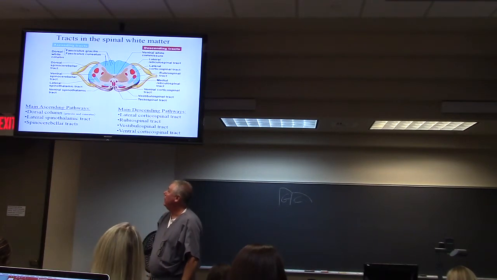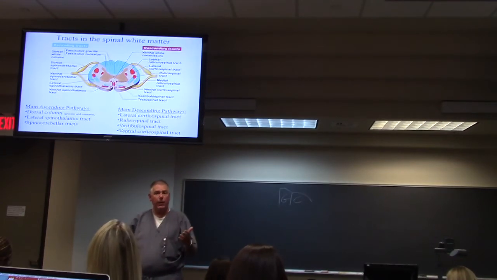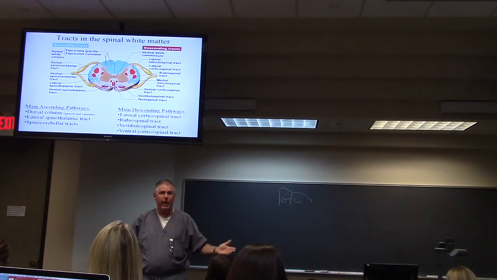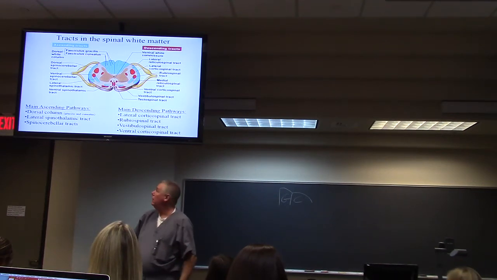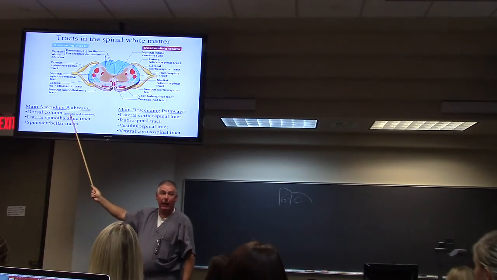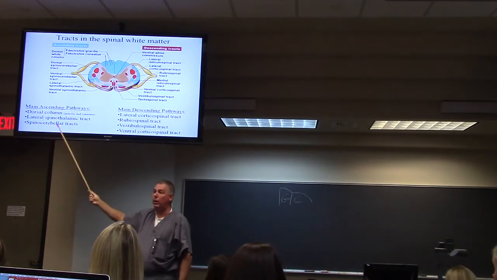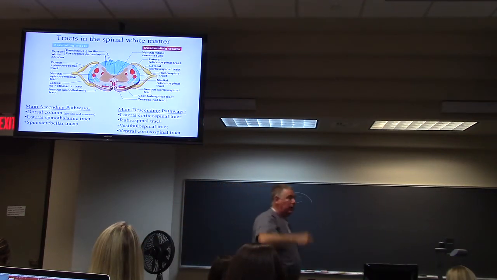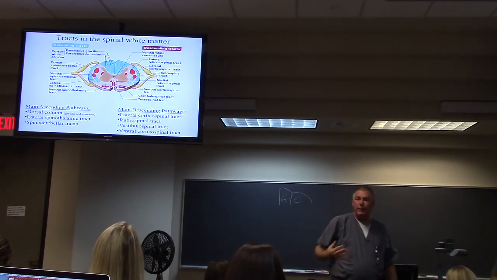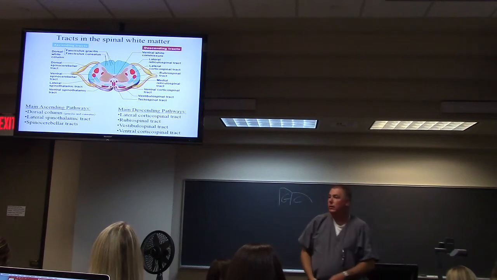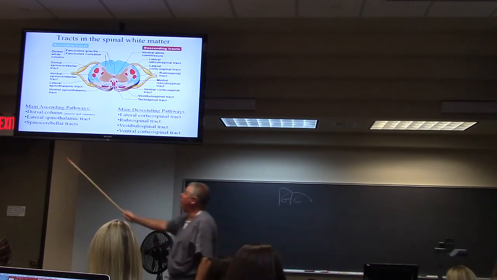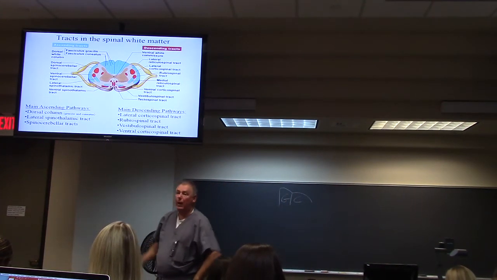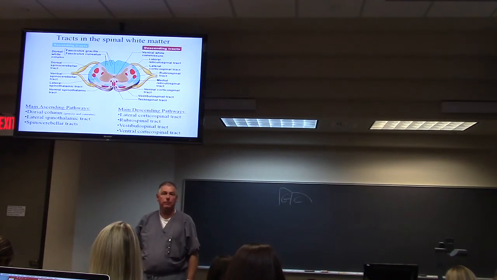Spinocerebellar tracts, and by the way, a lot of neuro, if you stop and pay attention to it, tells you where it came from and where it's going. Spinothalamic starts in the spinal cord, goes to the thalamus. Spinocerebellar starts in the spinal cord, goes to the cerebellum. The cerebellum, as we'll talk about on Thursday, does a lot towards the timing of movement. So a lot of proprioceptive information is traveled over the spinocerebellar tracts.